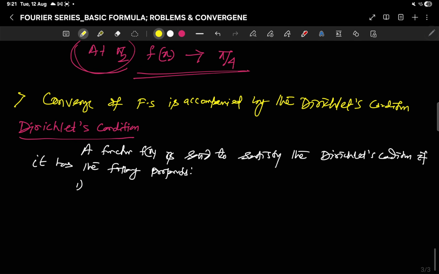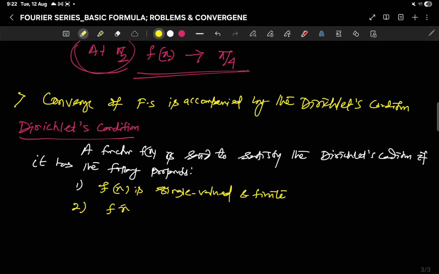The function must be single valued, right? A function f(x) is single valued and finite in a given interval, okay?